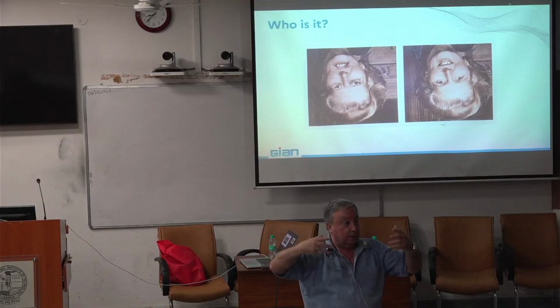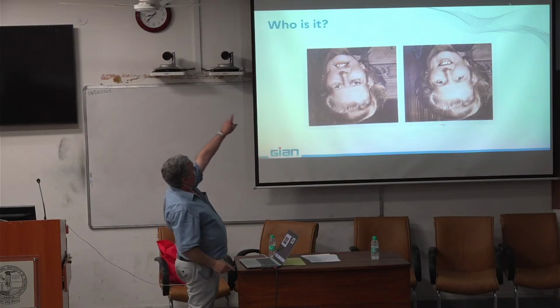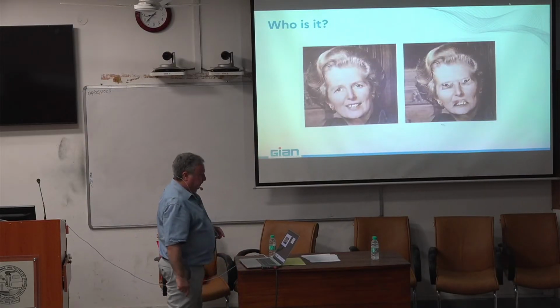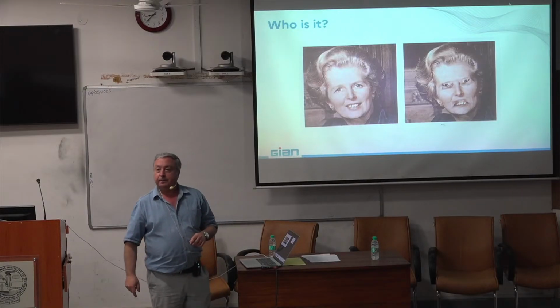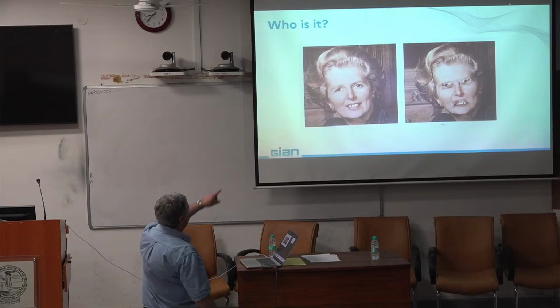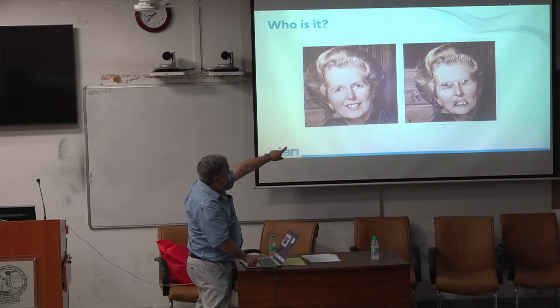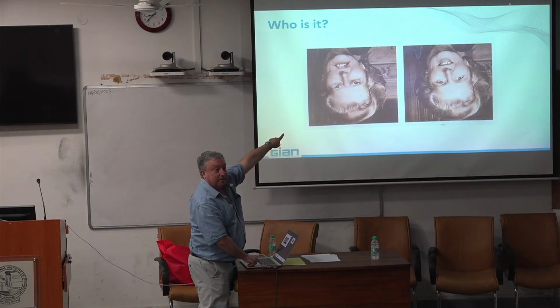Your brain needs to do that. And if I show you now the two images, it will turn. That one, with the eyes and the mouth inverted, is there. Let's go back. Is that one?